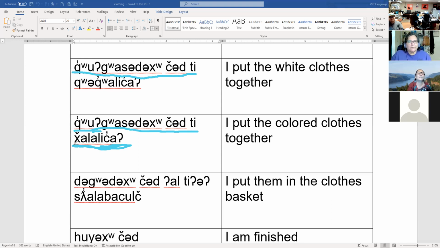Equosid is just a drying cloth, right? That's what towels are.